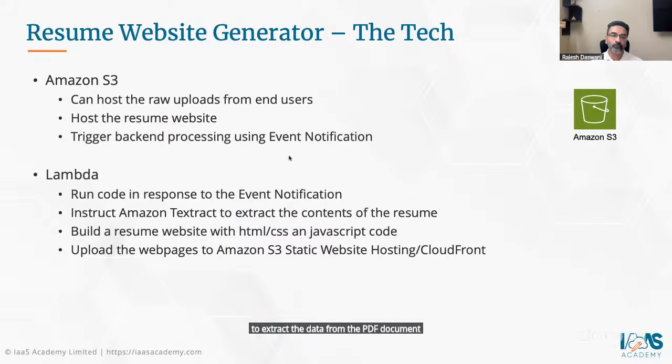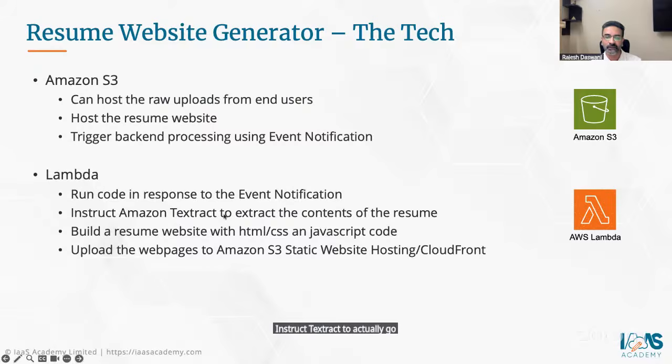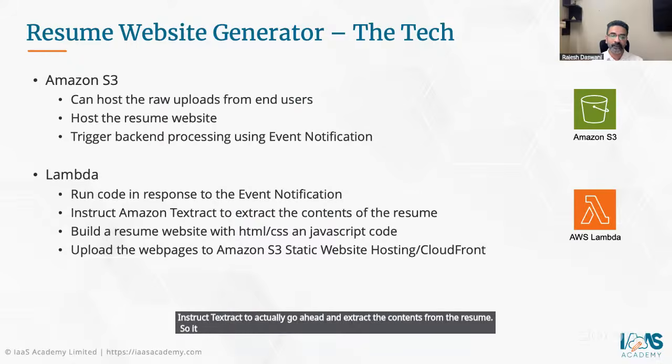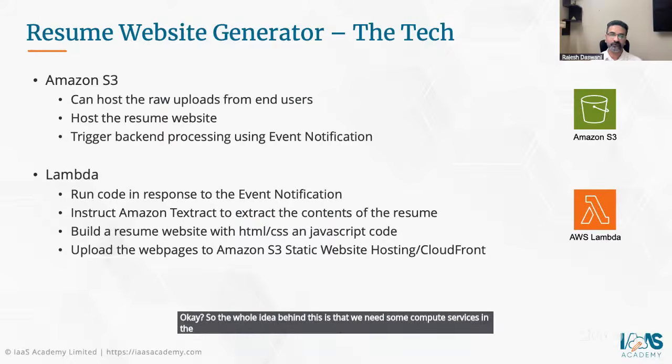So Lambda responds to that event notification and sends out an API call to Textract to extract the contents from the resume. Then, when Textract has done its extraction, it can build a resume with HTML, CSS, and JavaScript code. The whole idea is that we need some compute services in the middle to allow the different components of the application to work with each other.